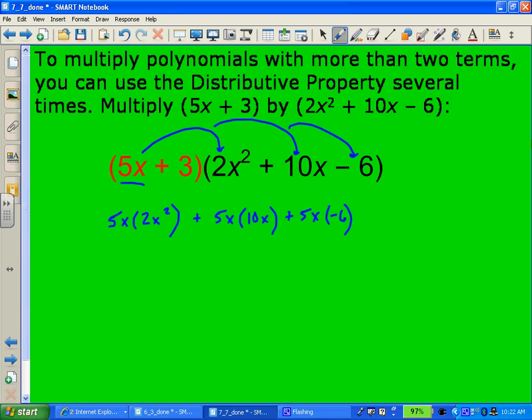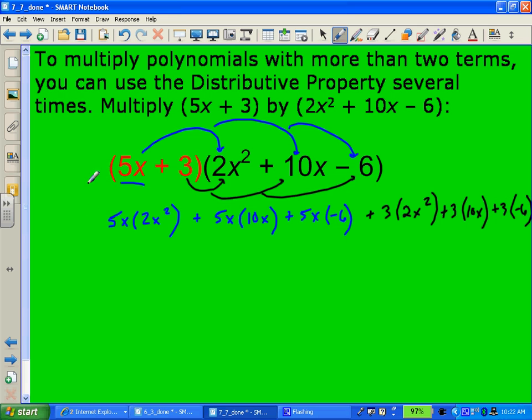Then I do the same thing with the 3: 3 times 2x squared, 3 times 10x, and 3 times negative 6.